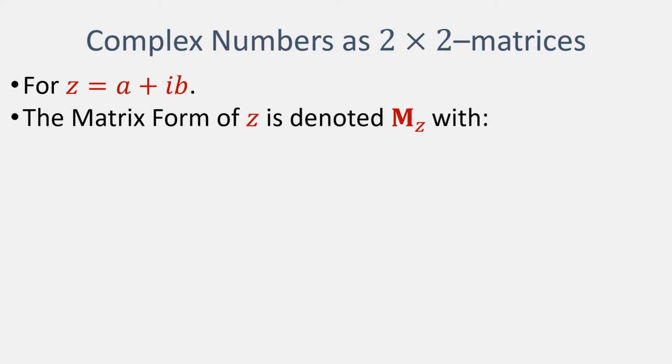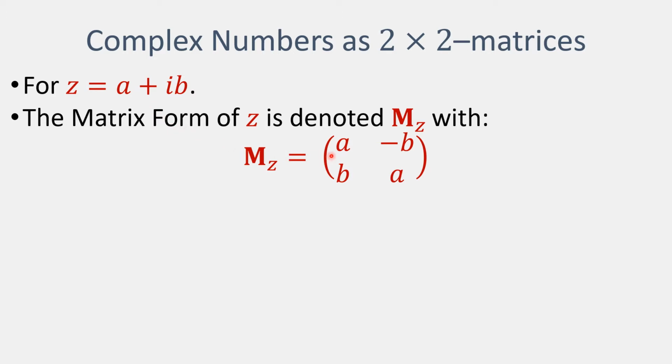To start off with, we have this method which describes the complex number as a 2 by 2 matrix. So we take our arbitrary standard form for a complex number, this addition. And if we want to write that as a matrix, we can do so in this way here.